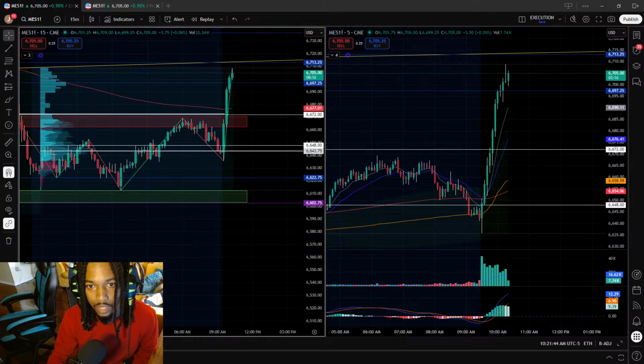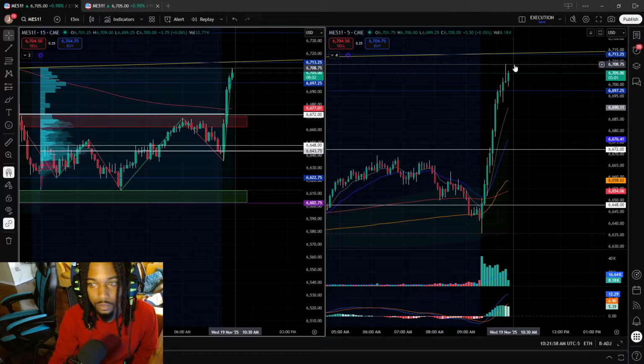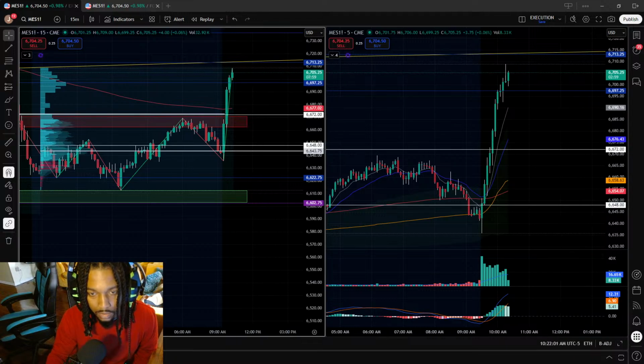Lost a little bit on that one. 500. Let's see. Okay. If we get over this wick level, that's capitulation a little bit higher. Just a bit higher. I'm willing to see if we can get that.